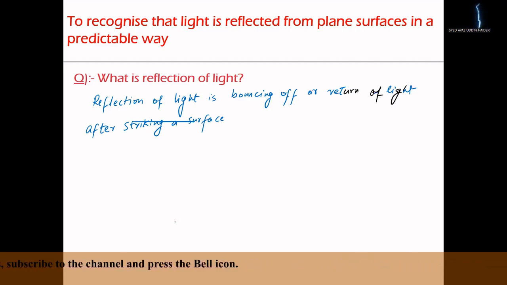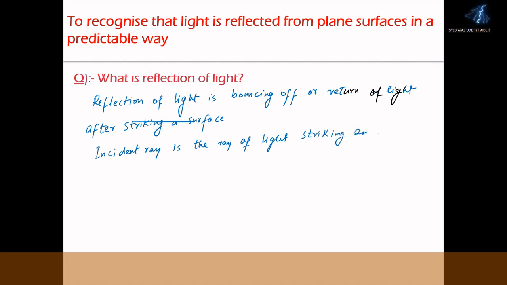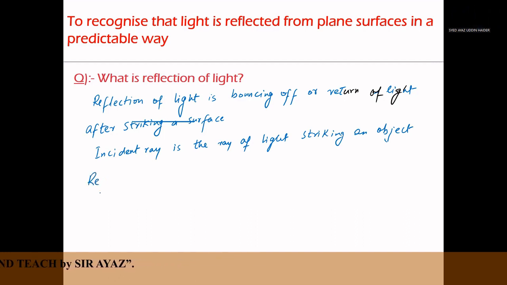The light ray striking a surface is known as incident ray, while the light ray which is reflected is known as reflected ray.